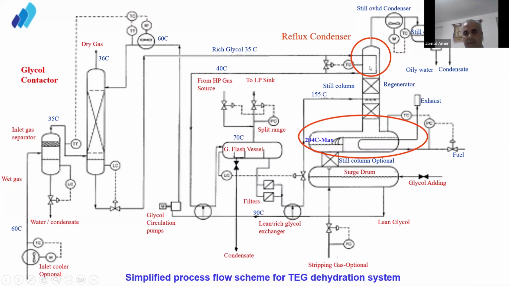After getting some heat from the reflux coil here, the rich glycol flows to the flash tank, where any dissolved gas in the glycol will be released, avoiding any gases going through the filter to the reboiler.